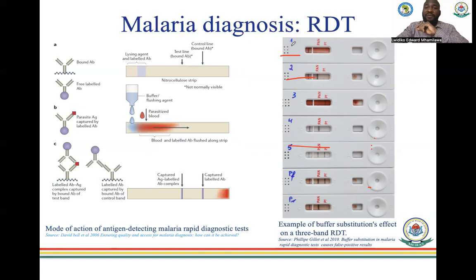All the samples were given blood that did not have parasites. For the first one, they used the original buffer that came with the kit, but for the others they used different materials. For example, this one they used normal saline. This one they used tap water, and they used different options that gave very different results.